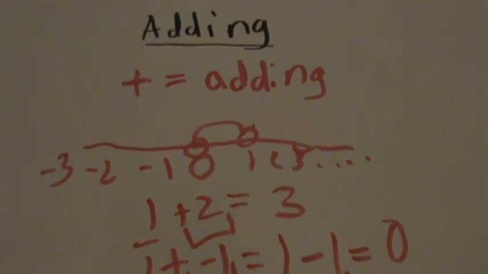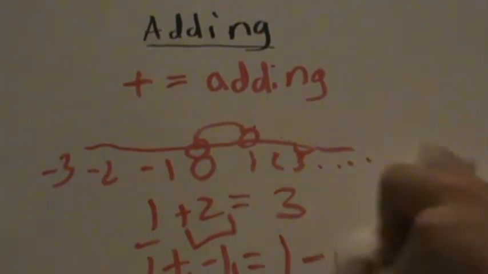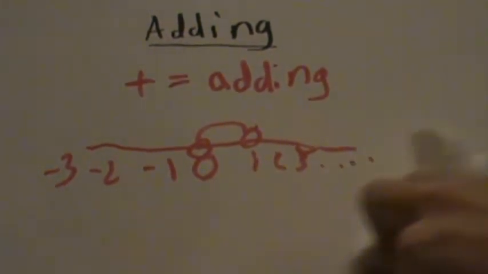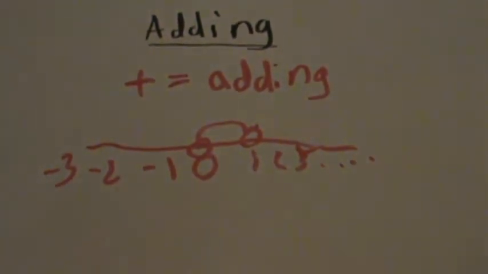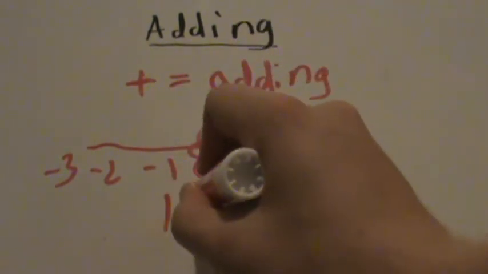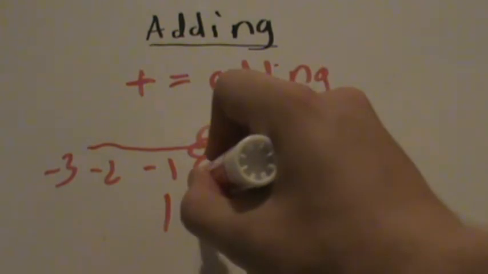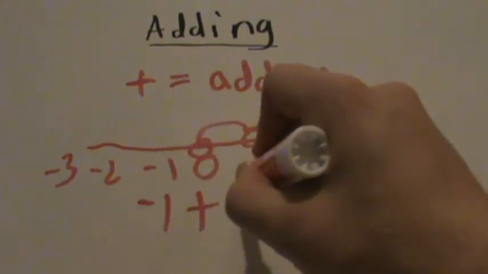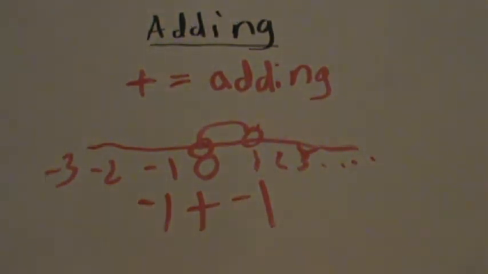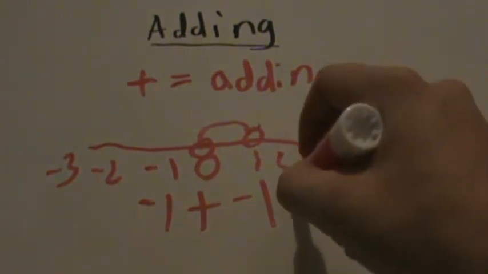Now, let's explore what happens if you add 2 negative numbers. So let's say you take -1 plus -1. What do you think would happen here? Well, let's look.